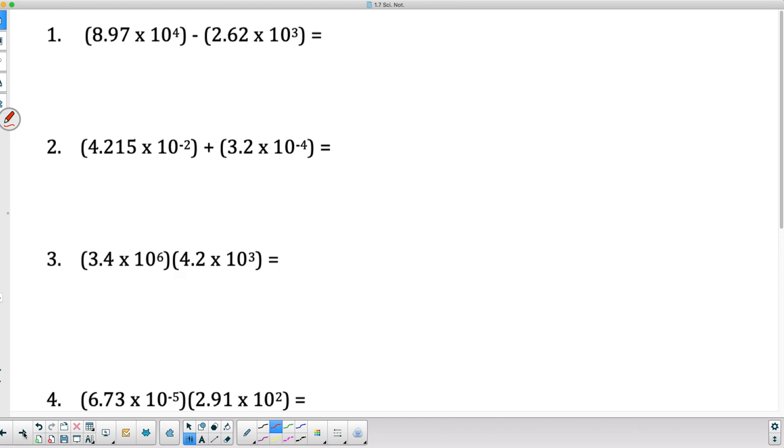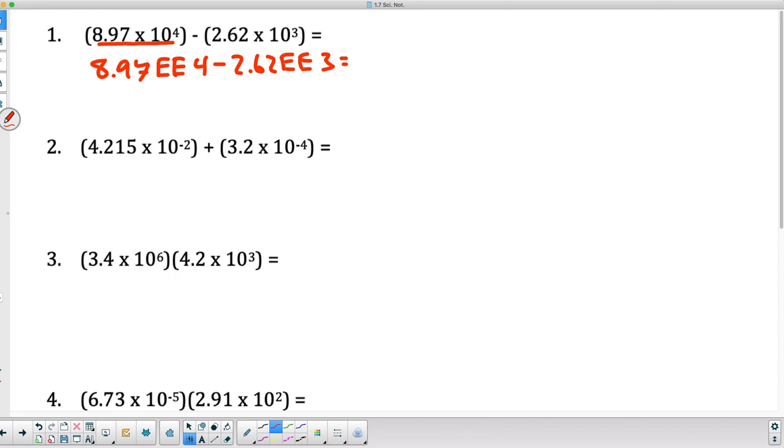But what I would do in the calculator is type in 8.97, and then use the EE key, and put a 4 in. That would give you the number times 10 to the 4th. And then simply hit subtract, and then 2.62, and then again EE or EXP, and then 3. And that will give you the answer.